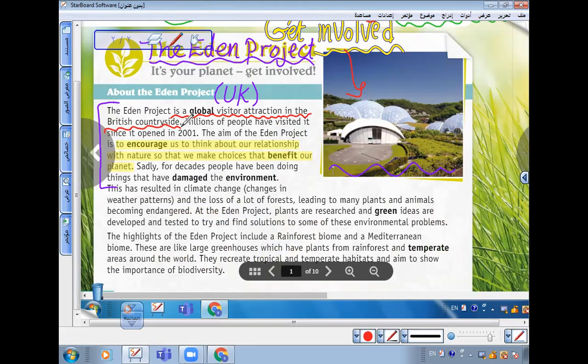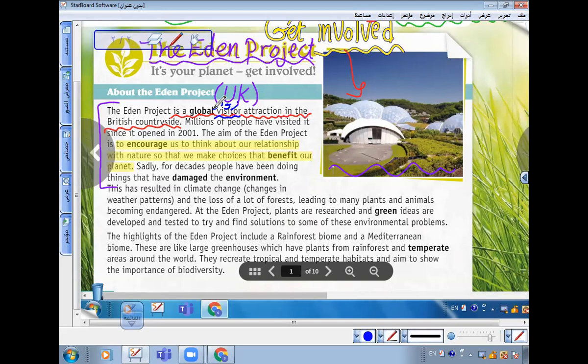So what does the word visitor mean? شنو visitor? زوار, like tourist. زوار زي سائحين, tourist. هي نقطة جذب, a global point to attract, حتى تجذب مين? The visitor in the British countryside.